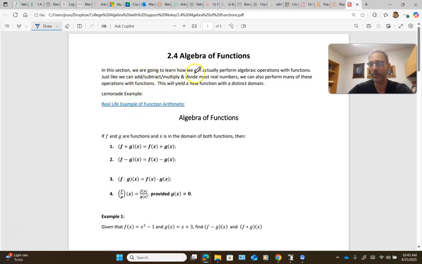So just like most real numbers, we can add, subtract, multiply, and divide functions, and typically we'll get back, well, always we'll get back another function, and that other function can be very meaningful, guys.